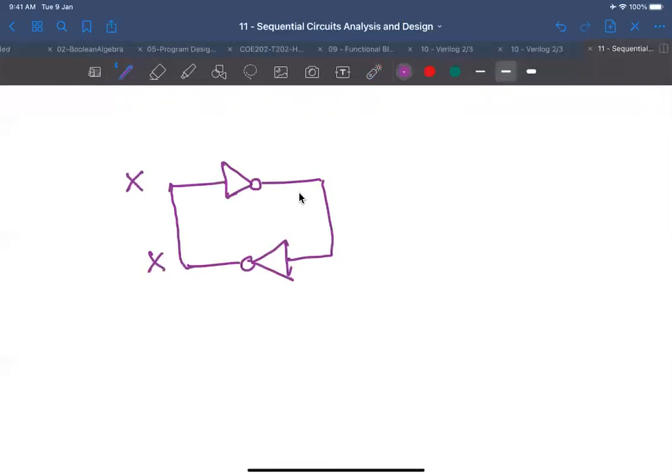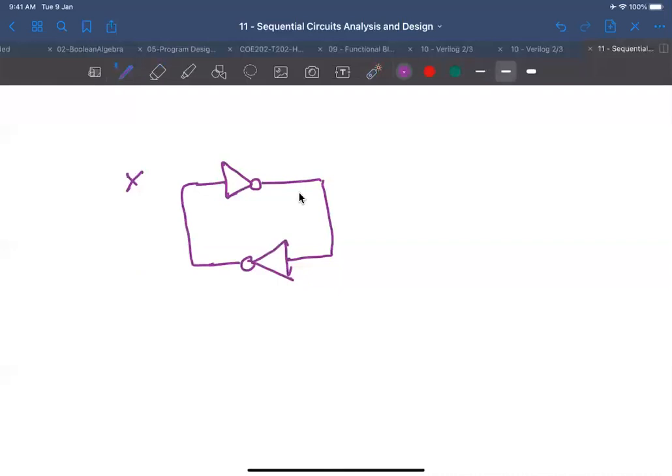Because they are at the same potential, the same level. This net here is virtually the same net as this one, so it doesn't harm if I connect them together.